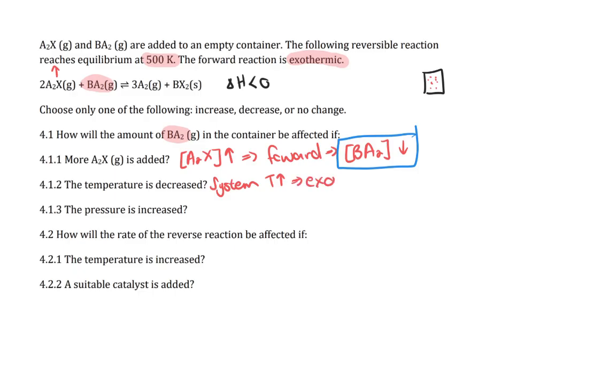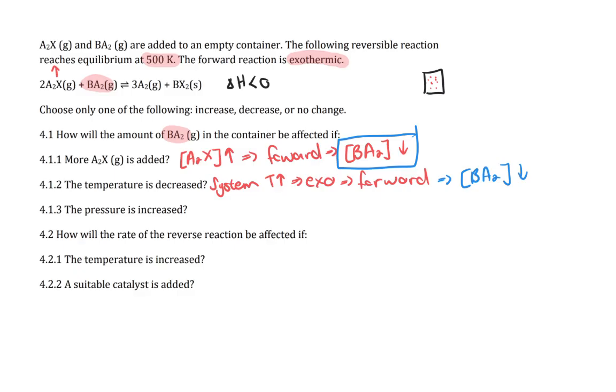And in our case, my forward reaction is the exothermic, so my forward reaction is favored, which means that these two are both used up, which means that that concentration will decrease. And that's the answer I need to write down. But if they were to ask you to give a reason for your answer, that which I'm writing over here and explaining, you would just put that into words when giving your answer.